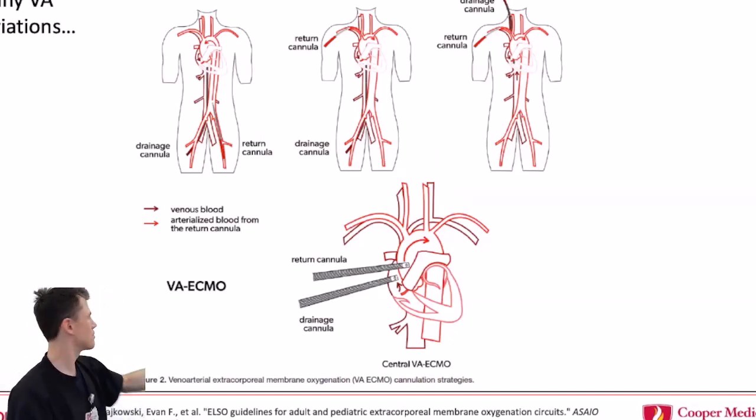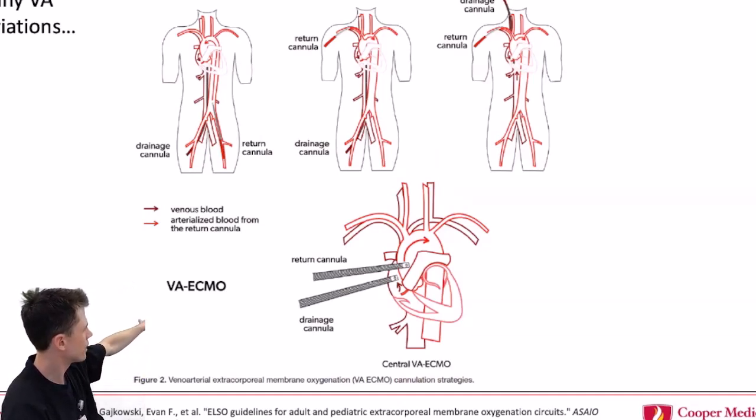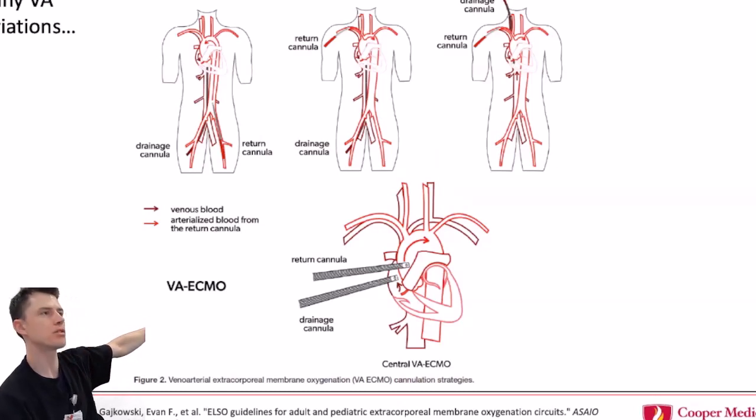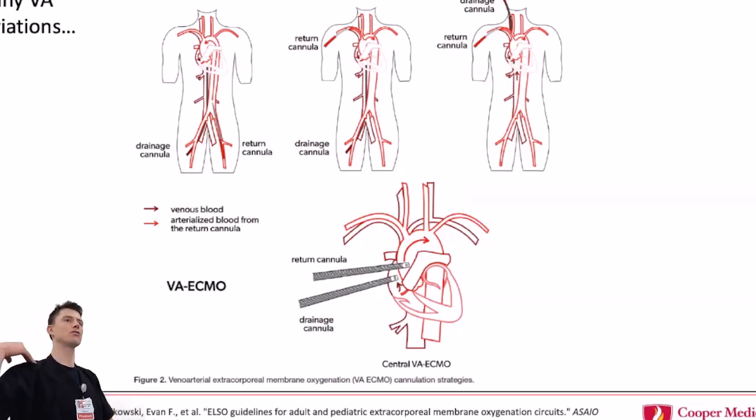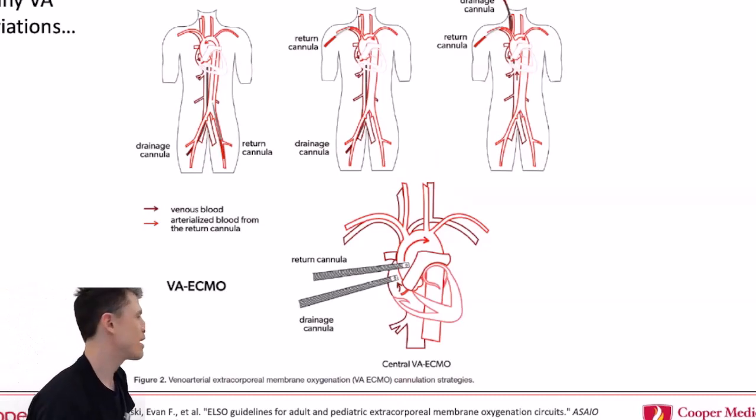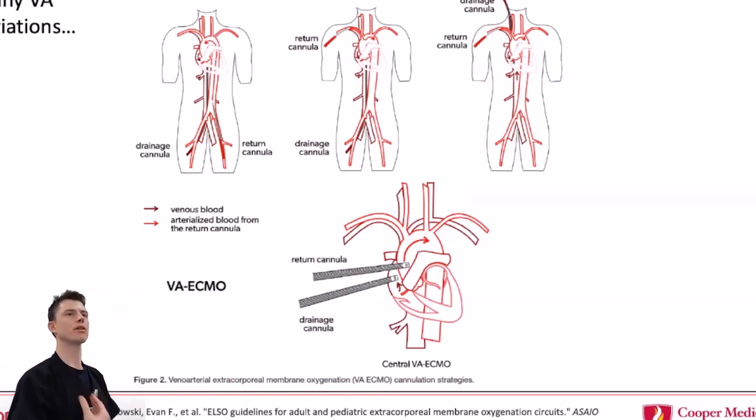And so there's a lot of different configurations. I know it's a little hard to see, but we talked about femoral on the left-hand side, and in the middle, femoral axillary artery. We had a patient recently with this, I think bed 5, with it coming from the right axillary artery and down. It's less invasive than the central cannulation we talked about, while also trying to achieve some of the same benefits of where the blood flow is coming back.